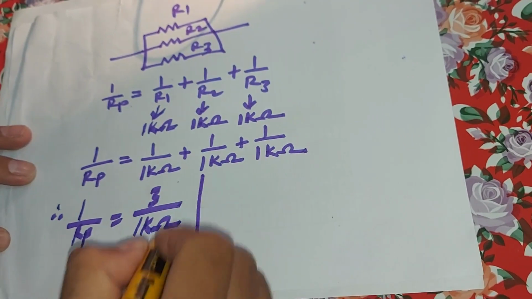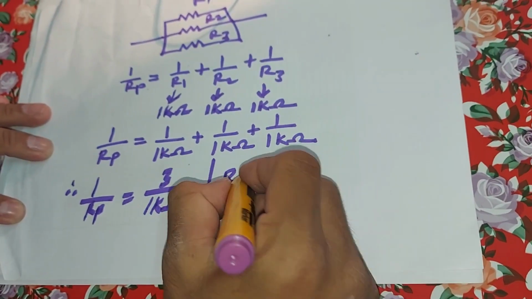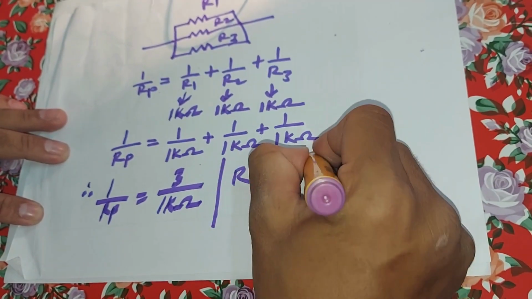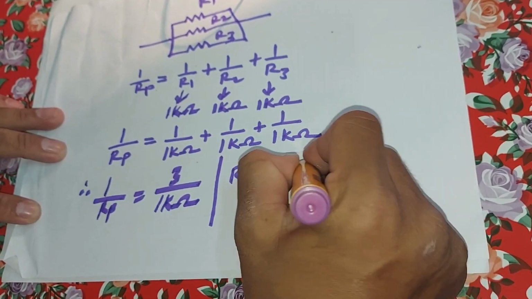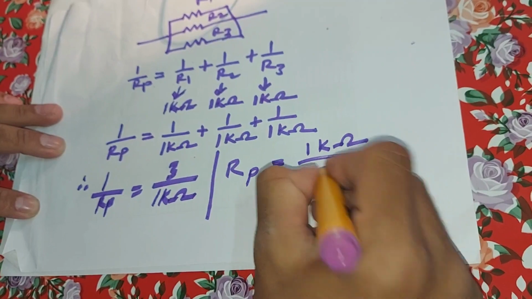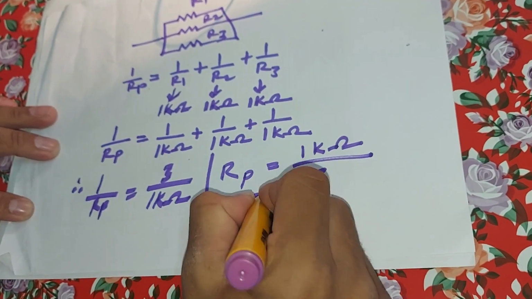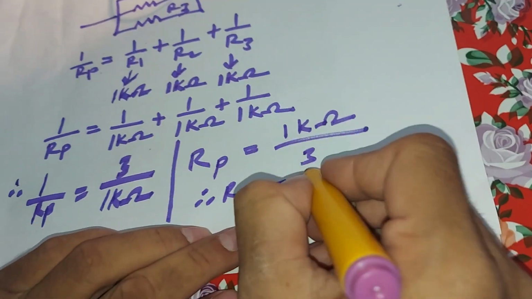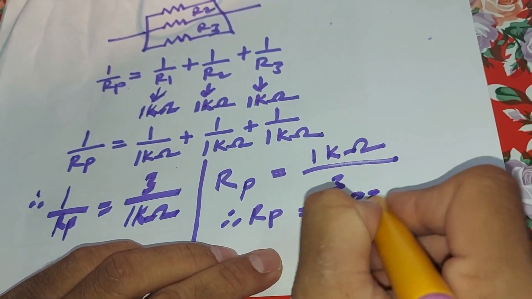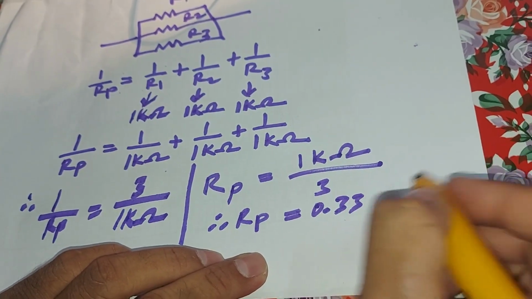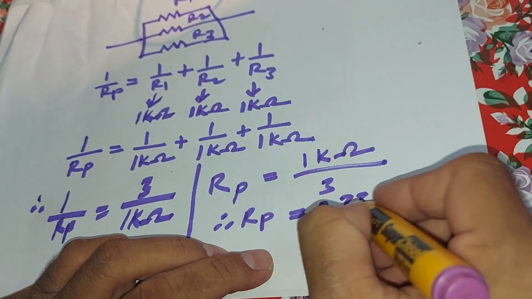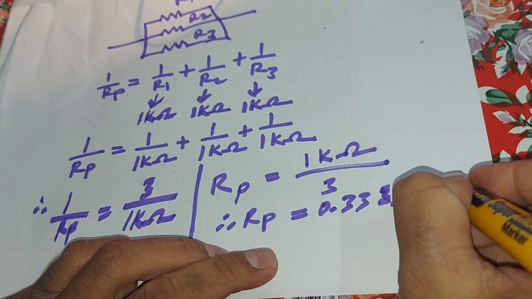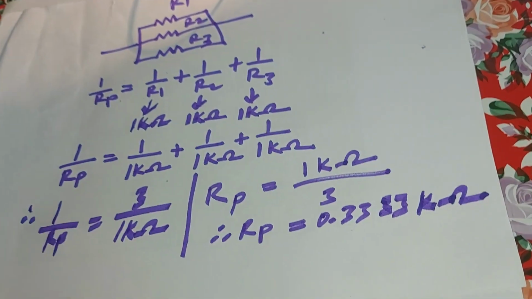Now if you want to find out the value of Rp, we have to take the reciprocal on both sides. So we get Rp is equal to 1 kilo ohm divided by 3. If you divide 1 by 3, you know that it will be 0.3333 and so on. So we will write down the 3 only a few times. This much kilo ohm will be the theoretical value of this resistance.